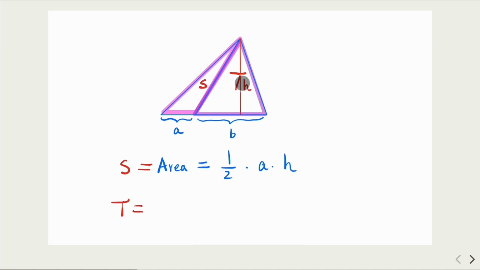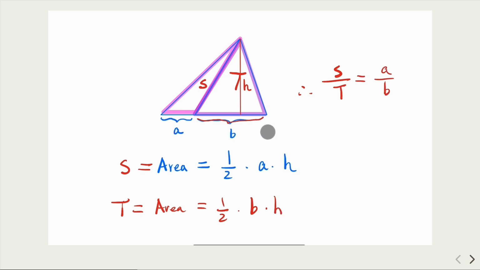Similarly, for the other triangle, let the area be T, and of course, as we mentioned earlier, it is also half times base. In this case, it would be B times H. When you do the ratio, the H would cancel. It's simply the ratio of the base. That's the basic fact.